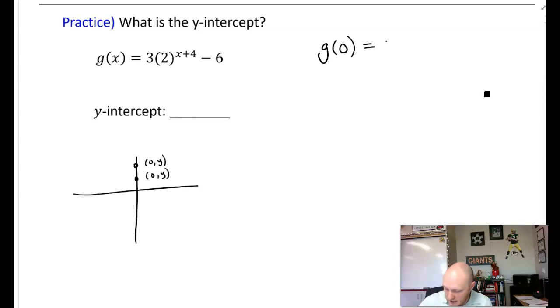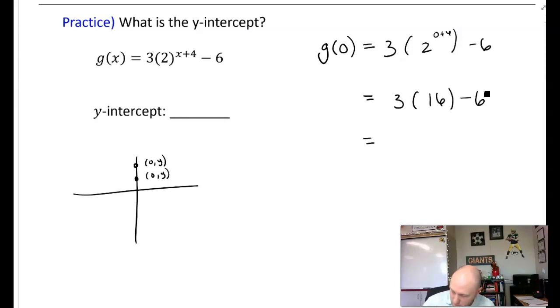So if I plug in 0, here I have 3 times 2 to the power of 0 plus 4, minus 6. This is going to give us 3 times 2 to the 4th power, which is 16. And 3 times 16 gives us 48, minus 6, which gives us 42. So your intercept is going to be (0, 42).